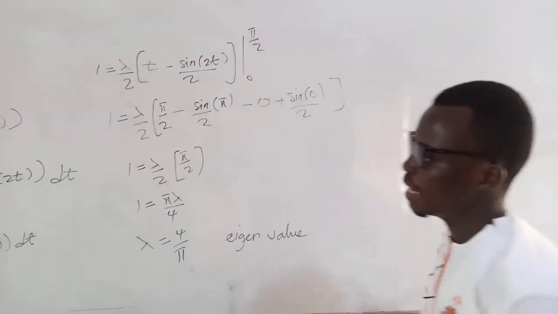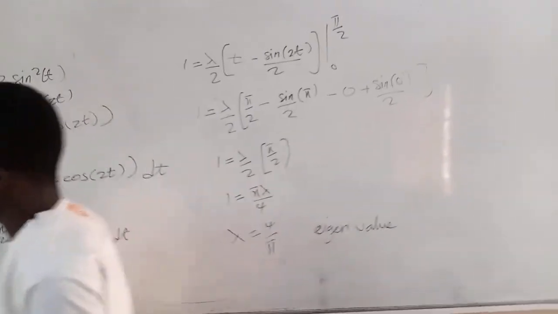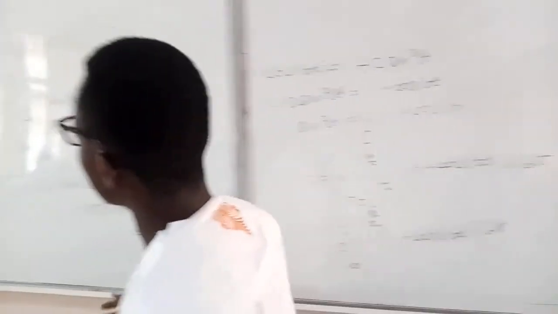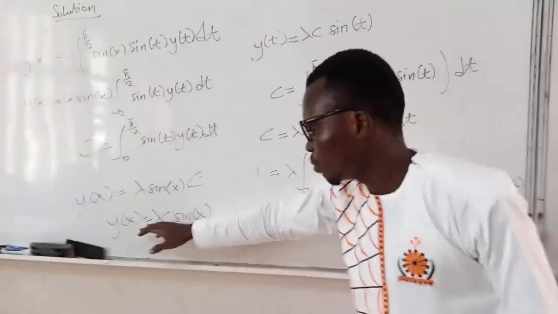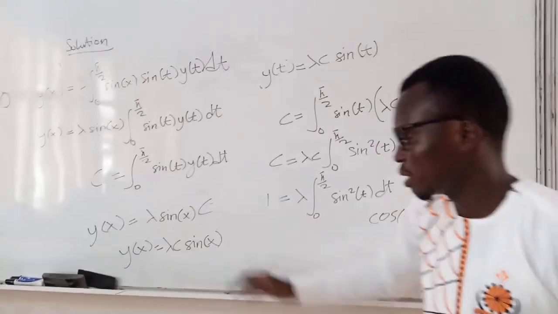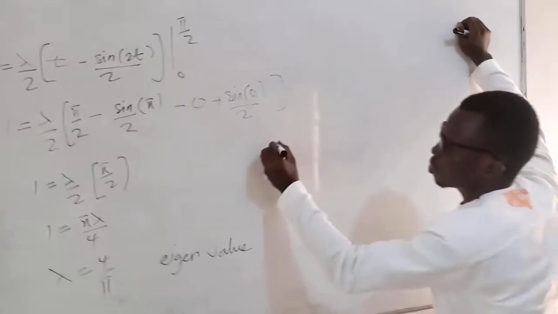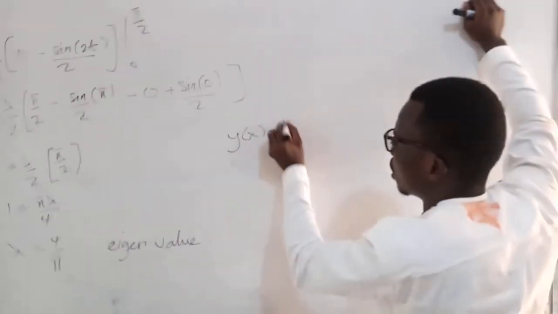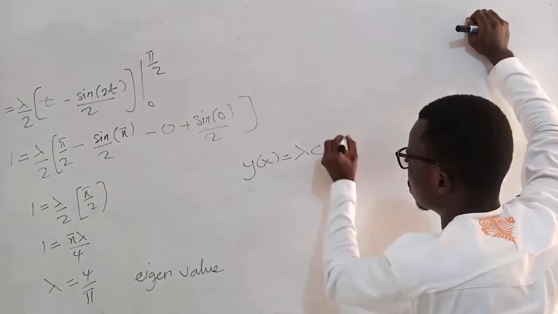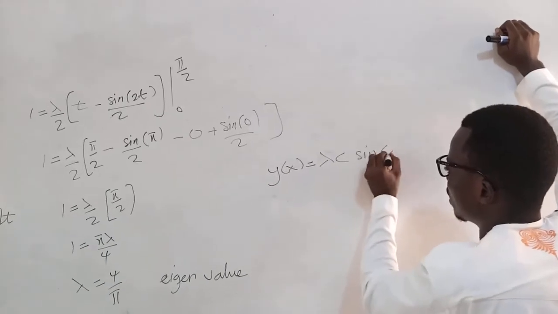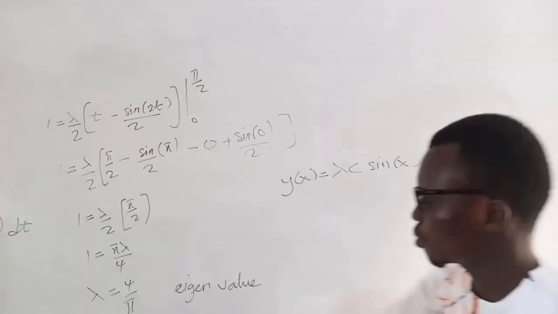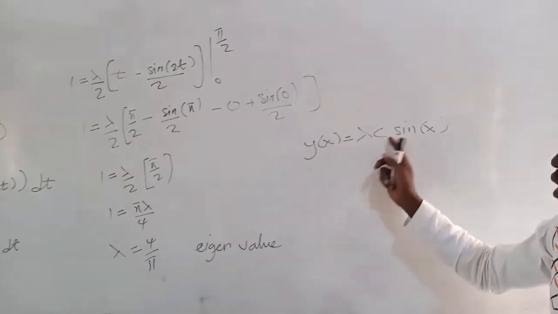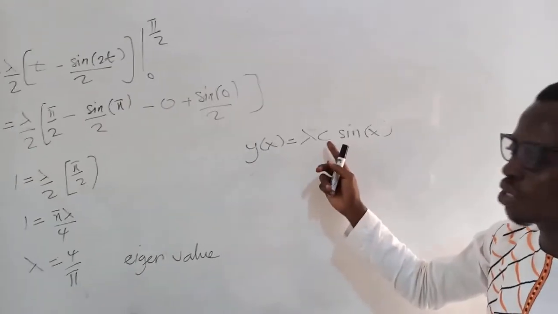And the eigenfunction, which is given as phi of s equal to lambda c sine s. Lambda is a constant, so here constant times constant will give me a constant.